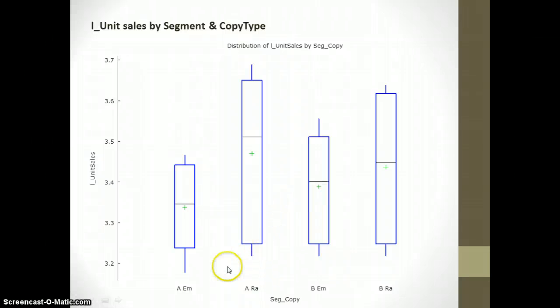But if we look at the 2 emotional boxes, which are the first and the third box, and the rational type of advertising, which is the second and the fourth box, they're about the same, relatively. So this is further evidence that there is not much difference between segments A and B, meaning the coasts and the Midwest, but there is still a difference between emotional and rational type of advertising when we're looking at the unit sales.